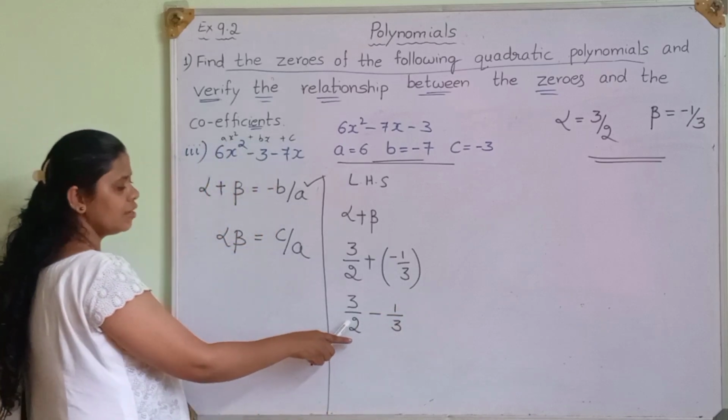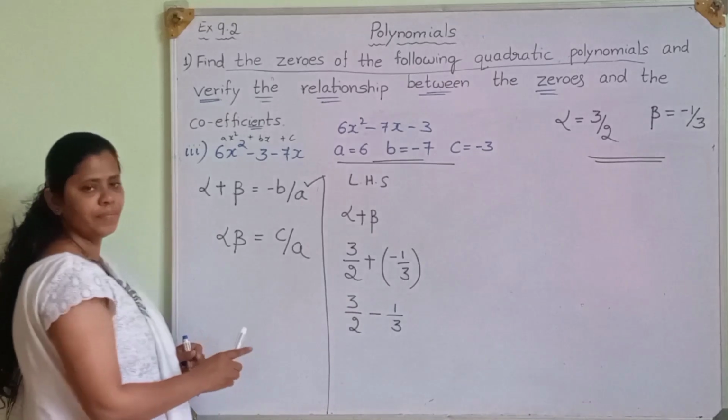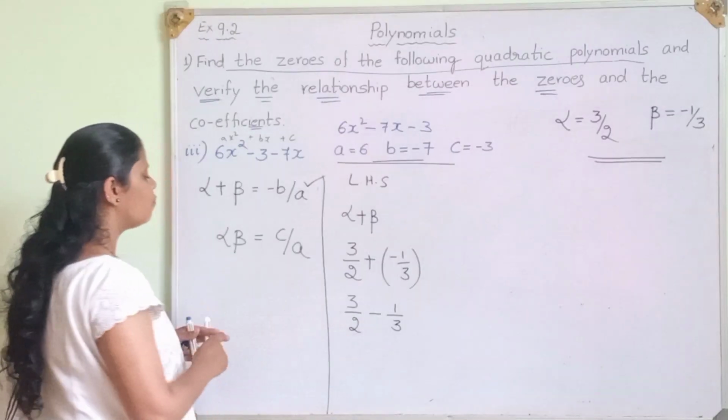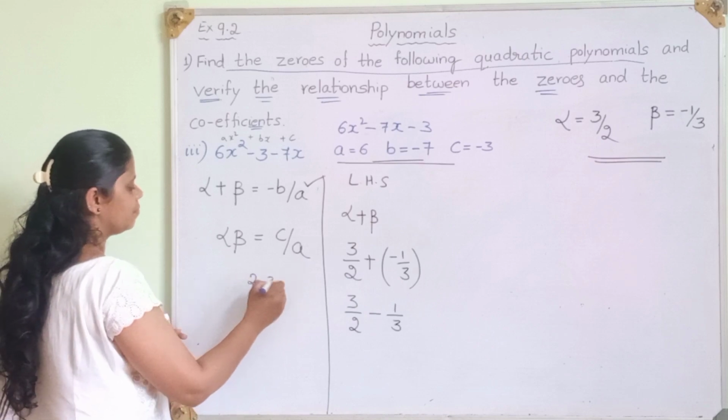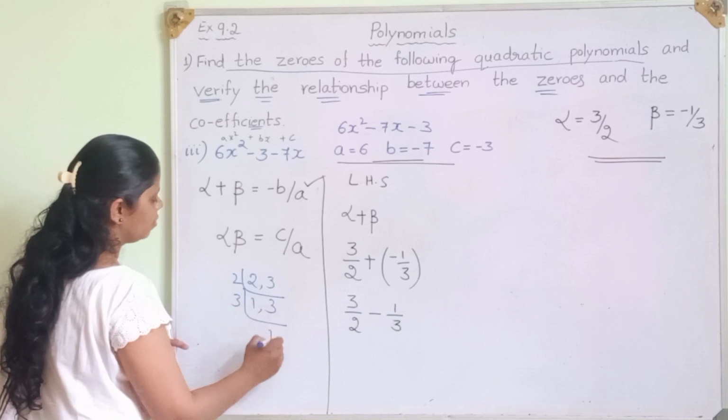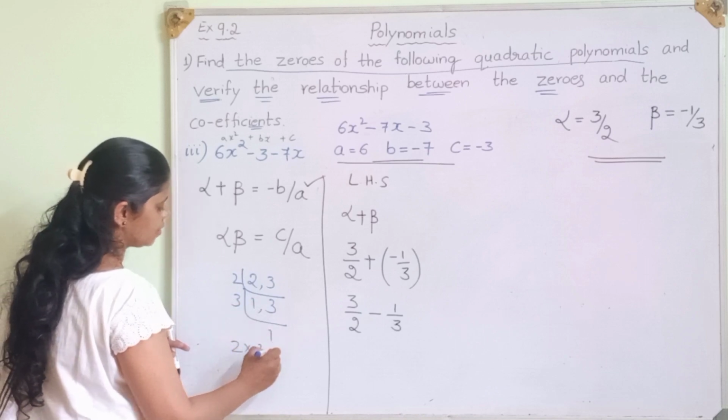Now look at this. The denominators are different here. Therefore, we have to take the LCM of 2 and 3. What is the LCM? 6. 2 ones are 2, 3 ones are 3. That is 2 into 3 is 6.